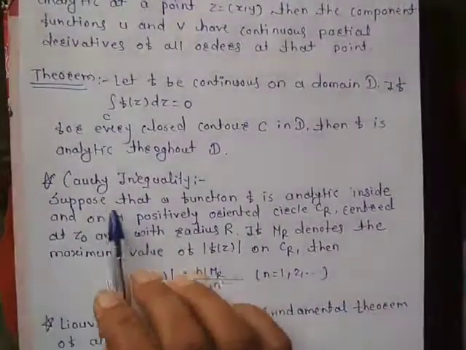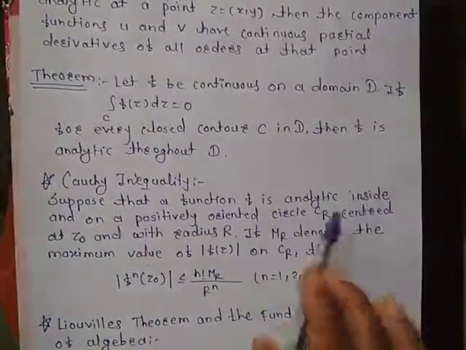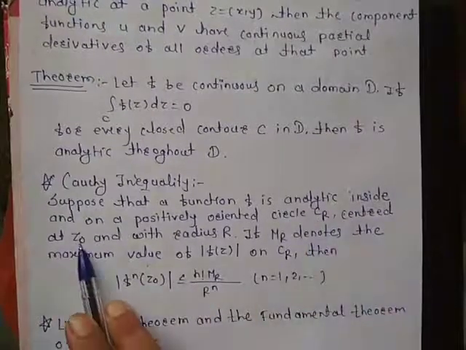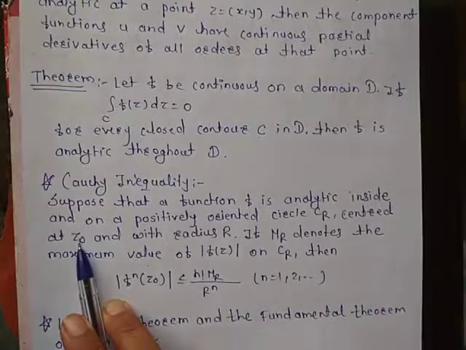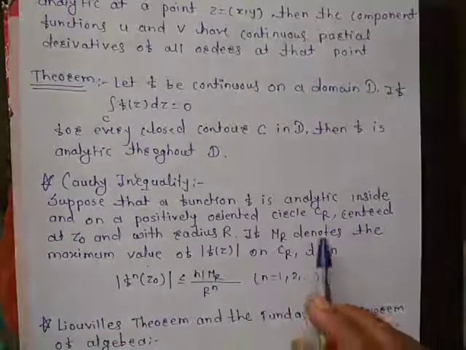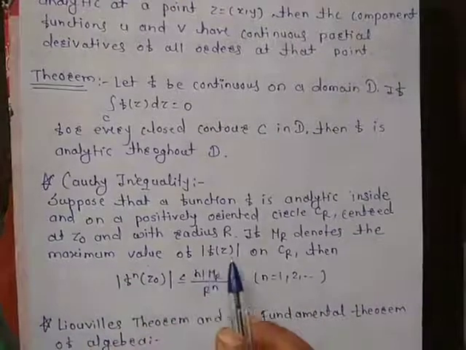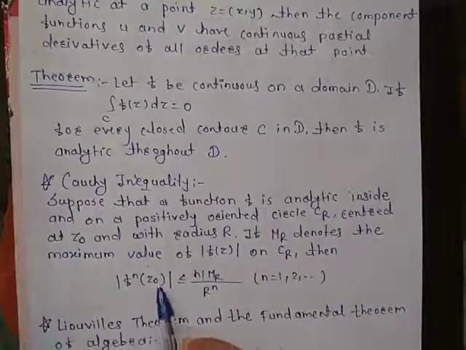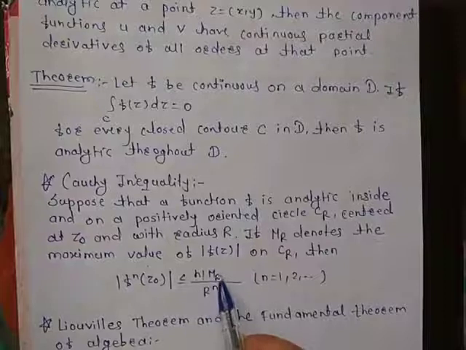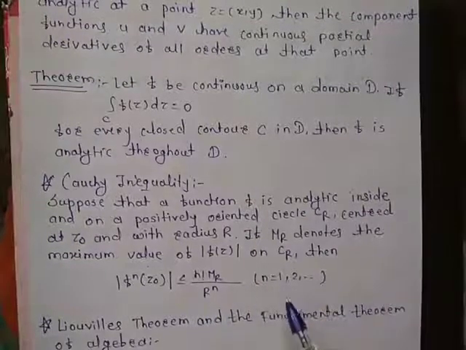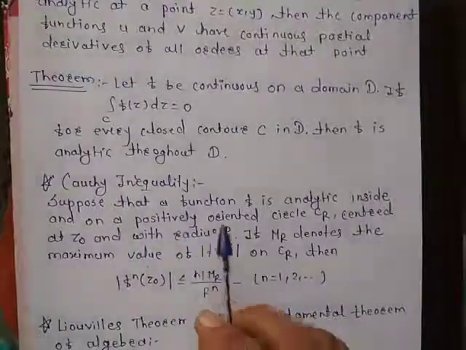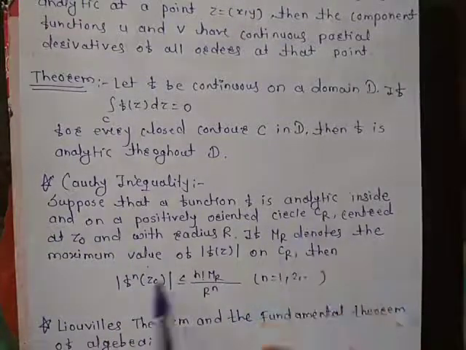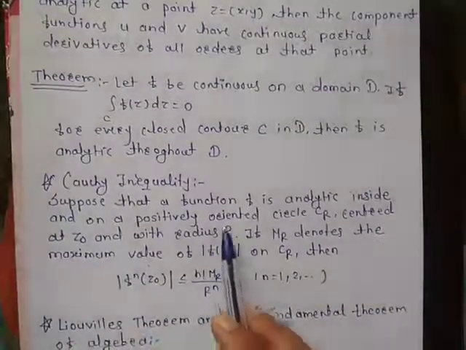Next is Cauchy's inequality. Suppose that a function f is analytic inside and on a positively oriented circle CR centered at z0 and with radius r.